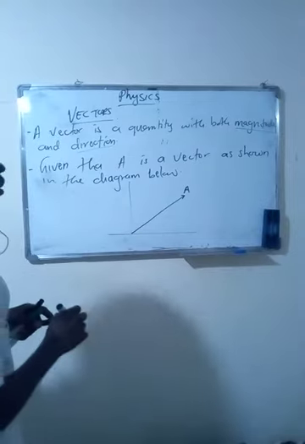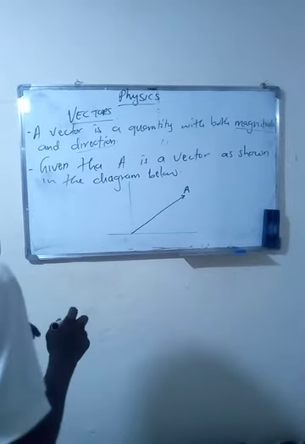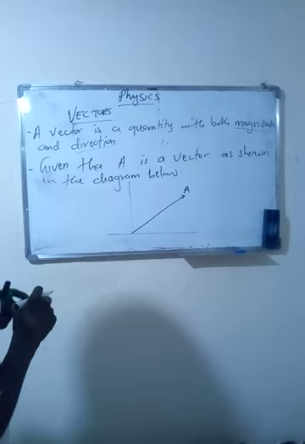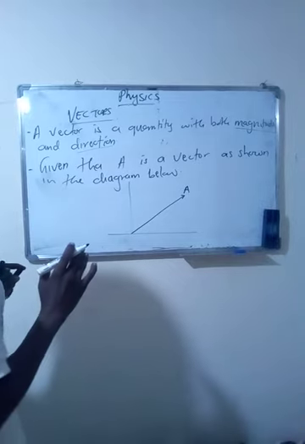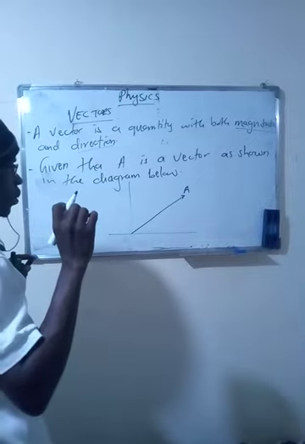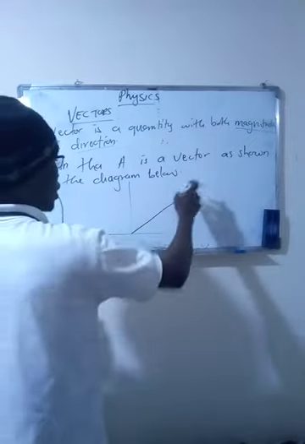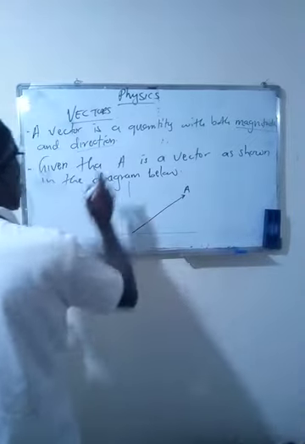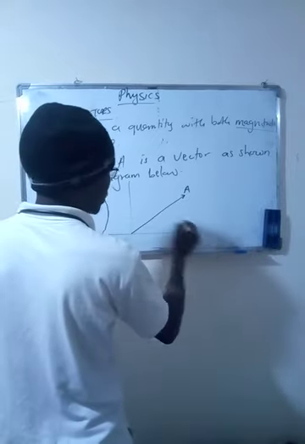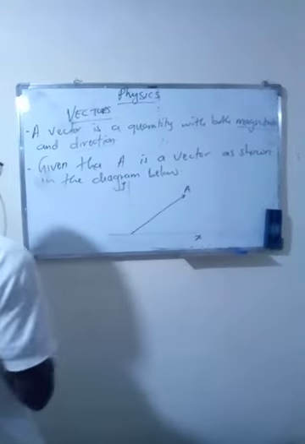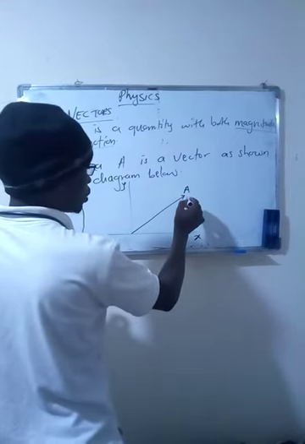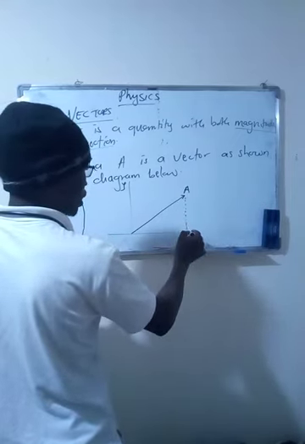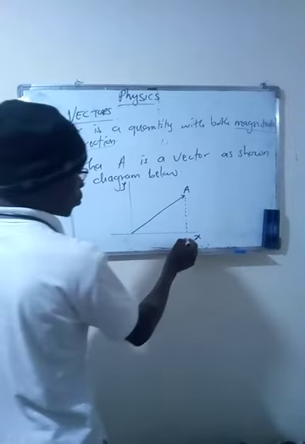Now, what it means is that this vector is going to have what are called components. The components are the aspects of this vector in the x-axis and in the y-axis. So this side you have the x-axis, this side you have the y-axis. If we draw a perpendicular line from where it's ending, we come down like that, then we have this part.